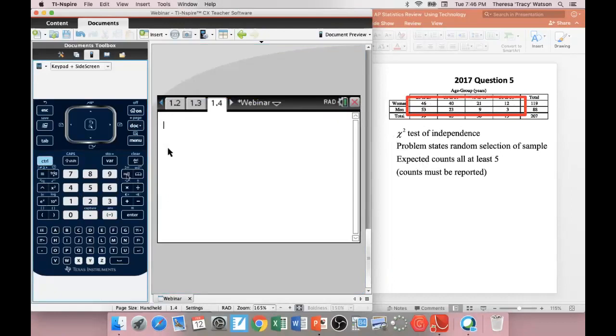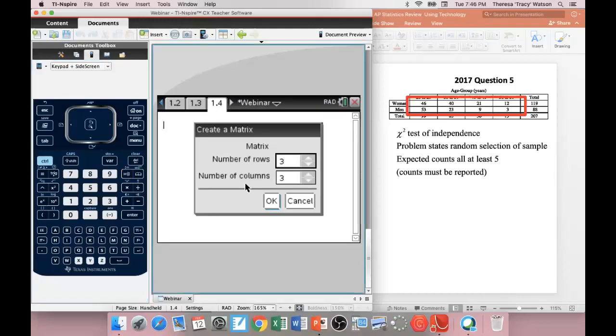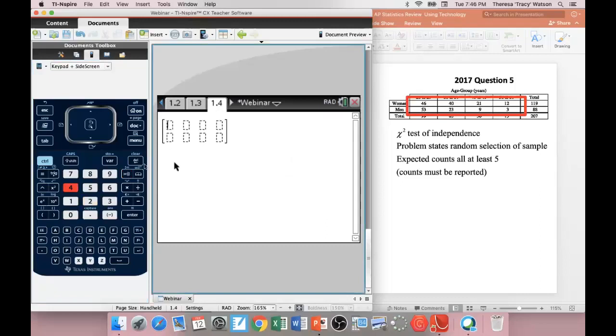So I'm going to hit my math template bar, and I have my generic matrix selected already. I'm doing a 2x4 matrix is what I need to give to the calculator. And so I'm typing in the numbers that the problem gave me that I'm going to try and run a test on.